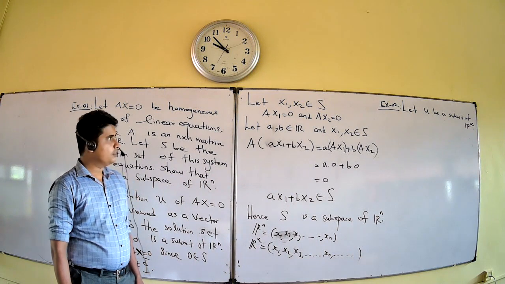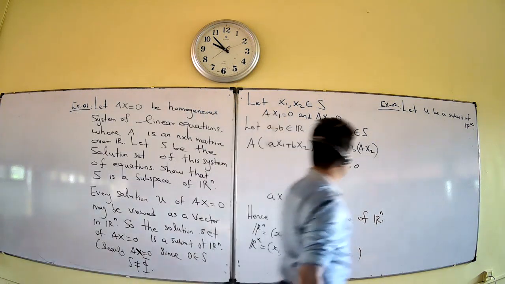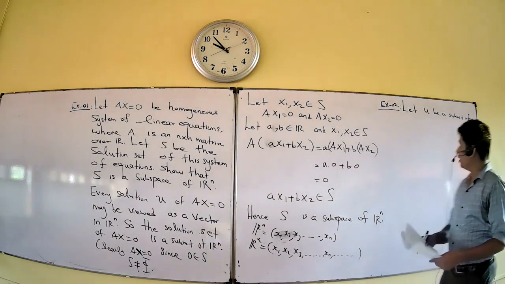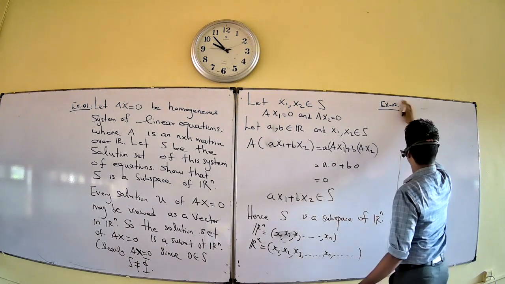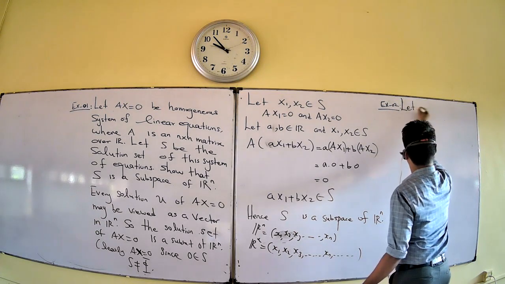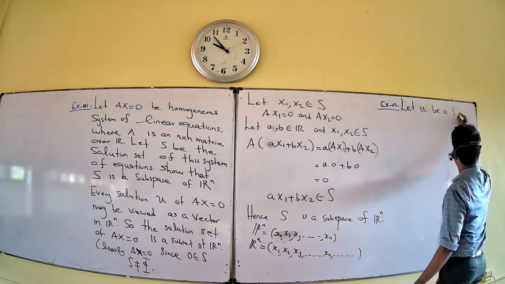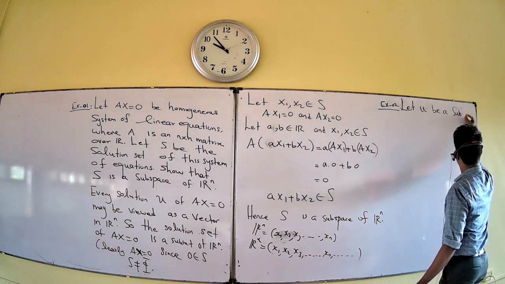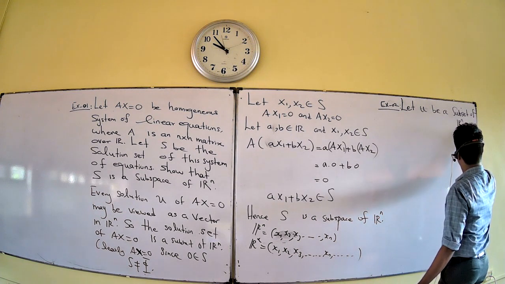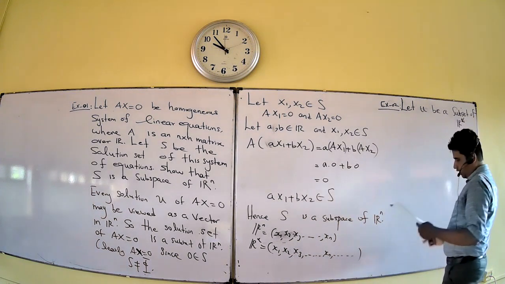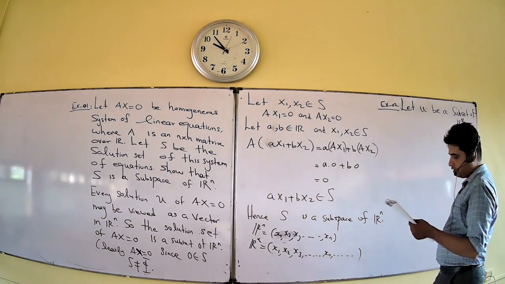Okay, that question, right? The exercise number 2 is: let U be a subset of R infinity consisting of all sequences.